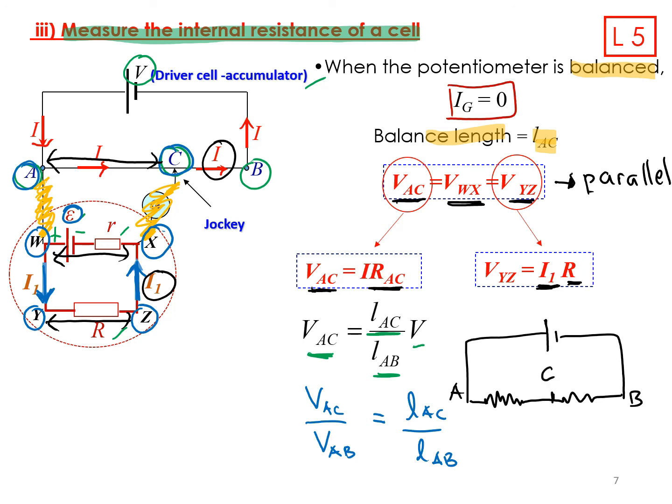As we know, this is VAC, the potential difference across A to C. But for AB, this consists of the whole wire AB, so this is similar to this V, equal to the total potential.